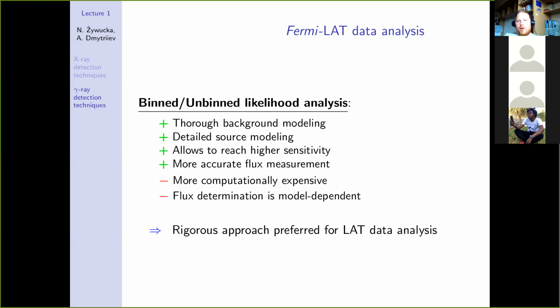You need to perform modeling of the data. Usually you have a certain physical model of your source, and if you suspect certain processes, you include them in the model and try to reproduce the data.